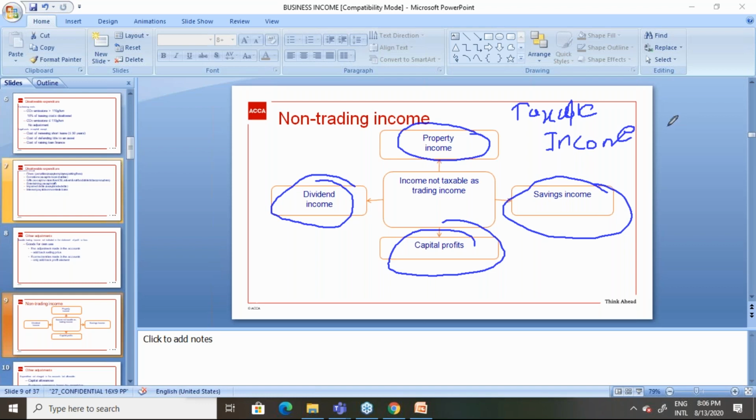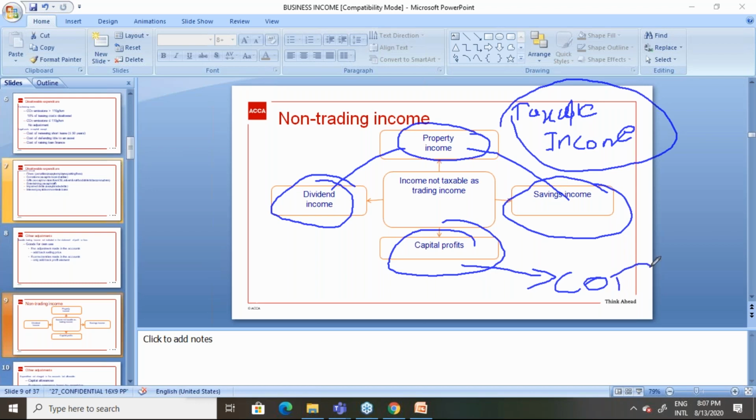We include trading income, property income, dividend income, and interest income. But we do not include dividend income, property income, and savings income under the heading trading profit, because they should be treated as three separate sources of income, not under the heading trading income. After adding all those income, we will be able to calculate the taxable income. Capital profits will be subject to a separate tax under CGT. So that's how it works.